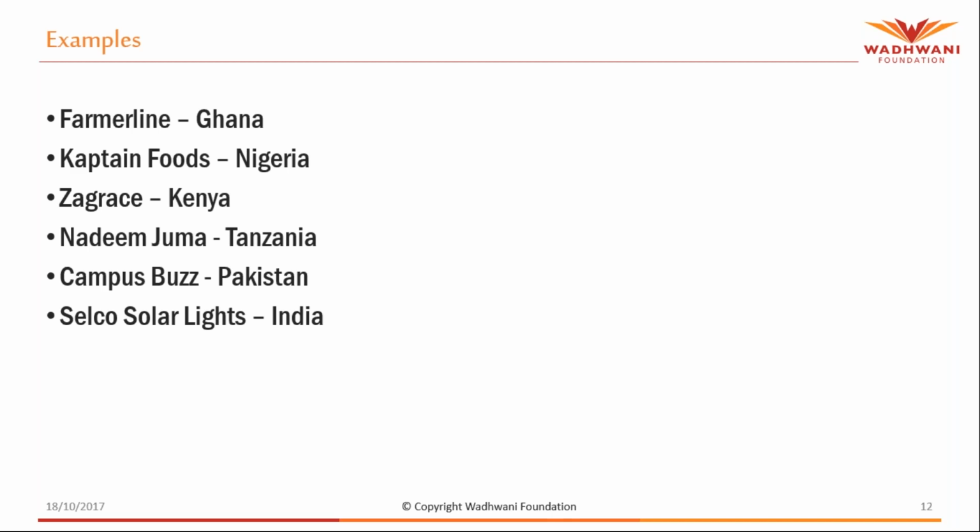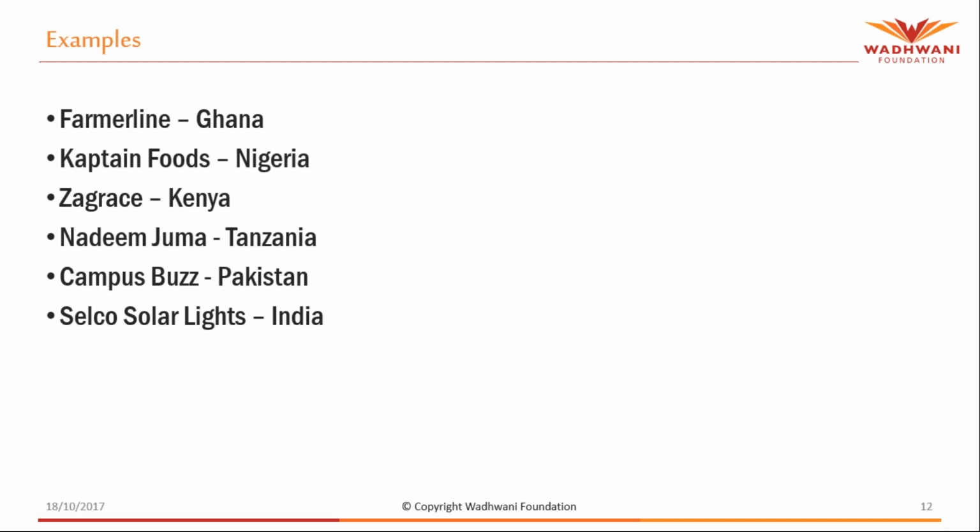Two other companies I would like to talk about. The first is Campus Buzz. It's a very, very strange kind of social media network. It came up in Pakistan and is now expanding into markets in the Middle East. The societies in the Middle East are very conservative and put a lot of restrictions on what can be openly discussed.